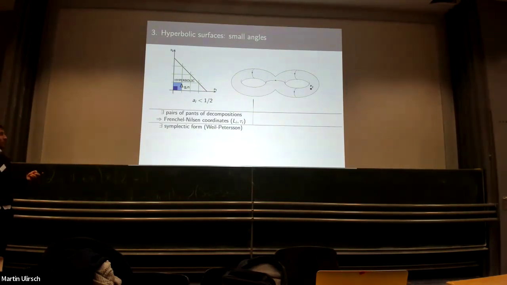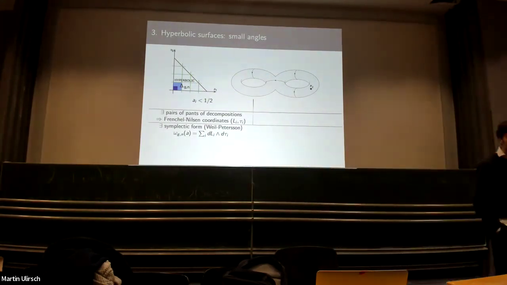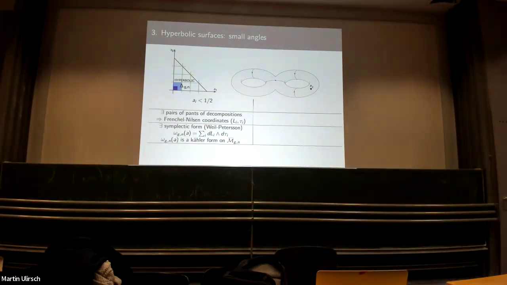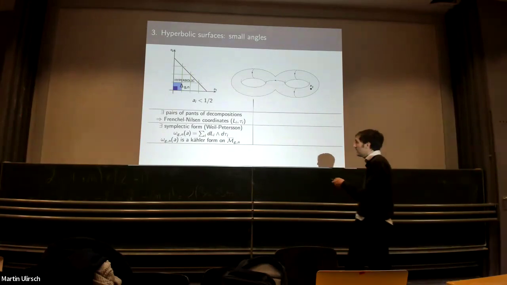But what's important is that there exists a symplectic form, which is usually called the Weil-Petersson symplectic form. And this symplectic form is actually given in Darboux coordinates by dL wedge d tau. So it's a very simple expression. With this symplectic form, you can find a compactification of the moduli space of hyperbolic surfaces in this case.